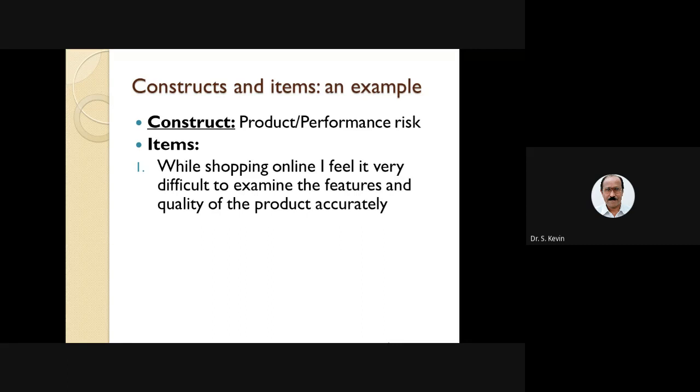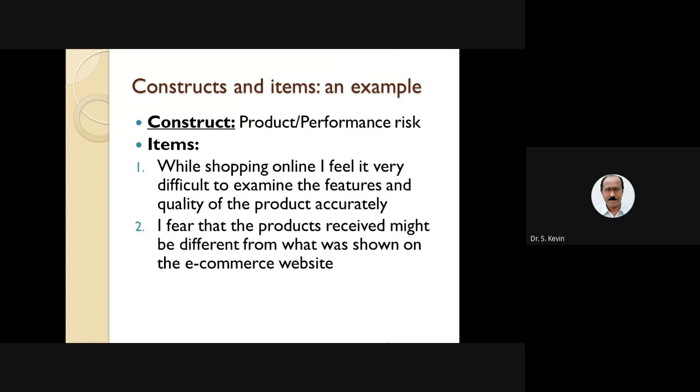But while shopping online, I can only see the picture of it. So, do you agree with that? I fear that products received might be different from what was shown on the e-commerce website. These are very good statements. It's actually from an actual study, very correctly framed. I feel that the products received might be different from what is shown on the site.